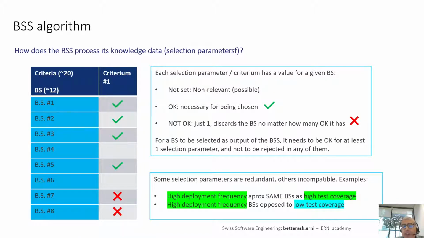As I said before, some selection parameters are redundant, others are incompatible. For example, when we have a high deployment frequency, we will approximately have the same branching strategy as if we have high test coverage, because you cannot deploy frequently without proper high test coverage. So it's common sense. And the other way around, a high deployment frequency is not supposed to go with low test coverage, for the same reason.